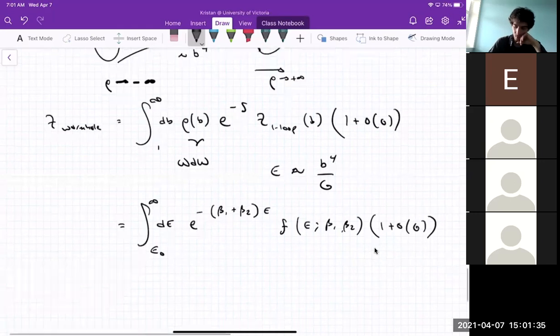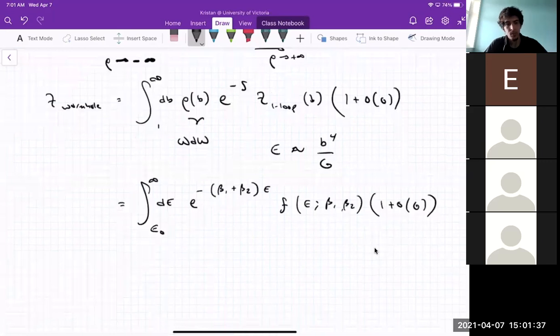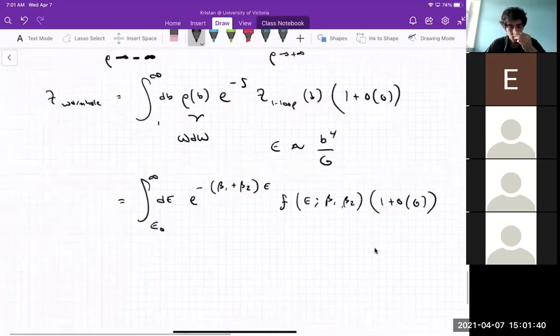Okay, two observations about this. I mean, it's great that we can even get to this point, but there are two features here that I want to draw out.